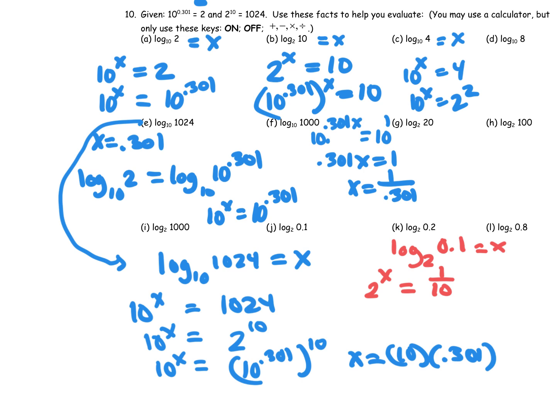Okay, so now let's see, what can I do here? Well, again, I have 10 on the right. Once again, we know what 2 is in terms of 10, so let's replace 2 with 10 to the 0.301 to the x equals 1/10, which is just 10 to the -1. And so then we're going to get 0.301x equals -1, and then you can solve for x. So I bet you could do the rest then. Okay, let's stop it there.